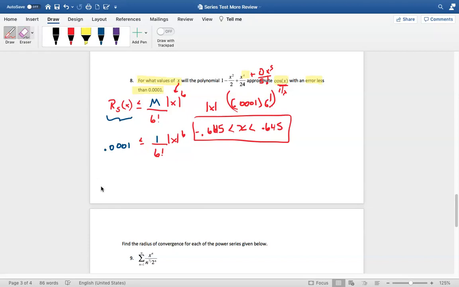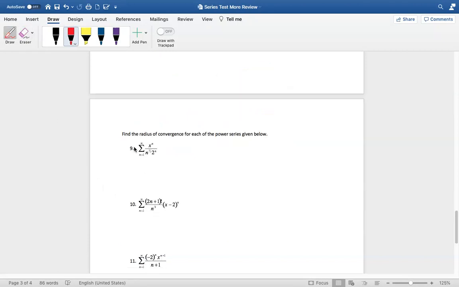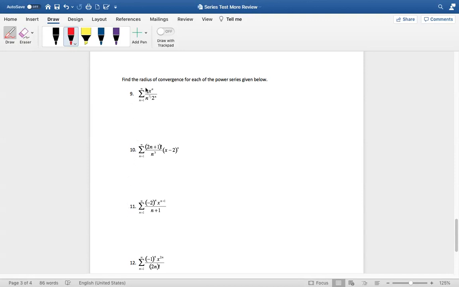All right. So like I said, I'm not going to go through, I said 10, but I meant 9. I'm not going to go through these problems because they are all radius of convergence problems, which means no endpoint analysis. You just do the ratio test. When you do the ratio test, don't forget that the very first thing you do is write limit, right?